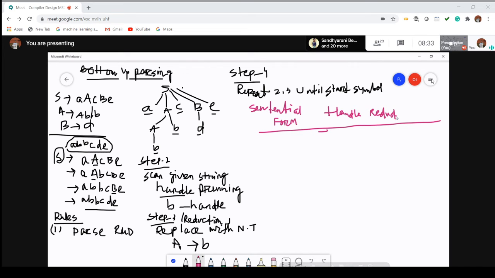Third is the reduction, meaning changing the handle to its corresponding production, and fourth is its production. So I have to draw a table like this with these four items: sentential form, handle, reduction, and its corresponding production.